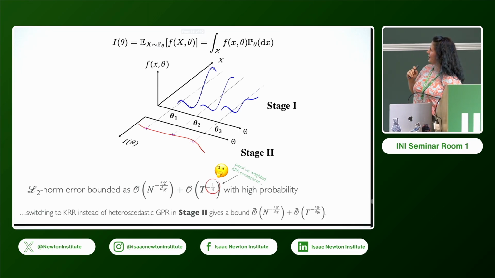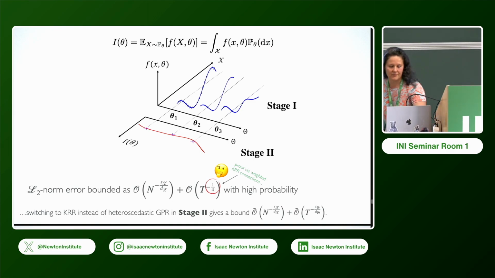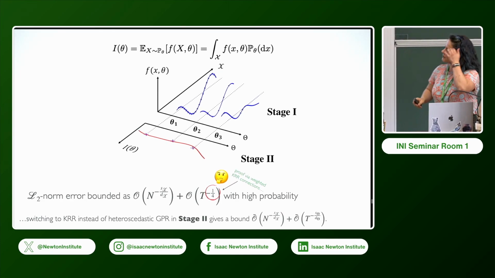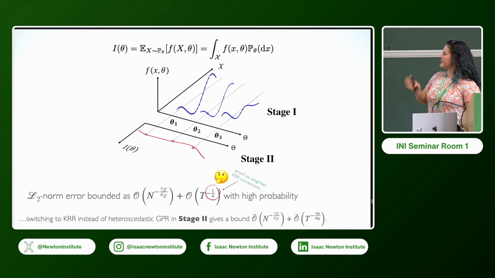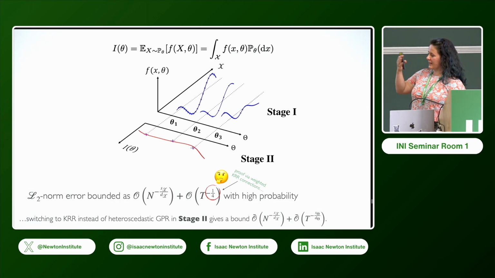But if we move away from heteroscedastic regression into homoscedastic regression, so forget about the quantification of uncertainty from stage 1 and instead treat all points as the same, but also use some asymptotics of regularizers that exist in KRR, then we can get the expected rate, this non-parametric rate here.